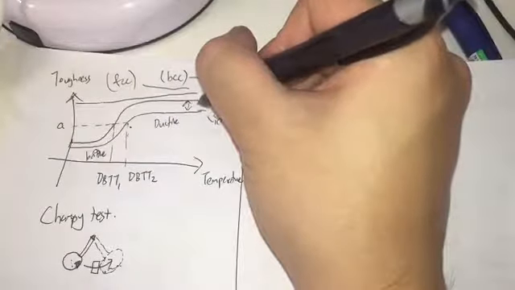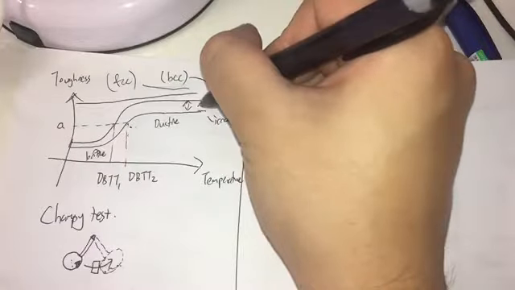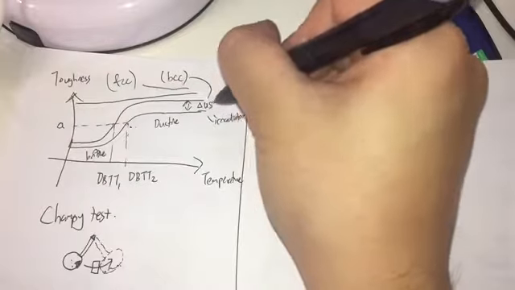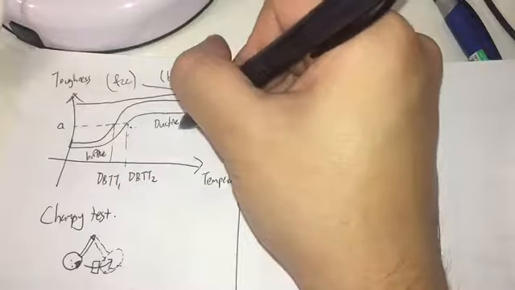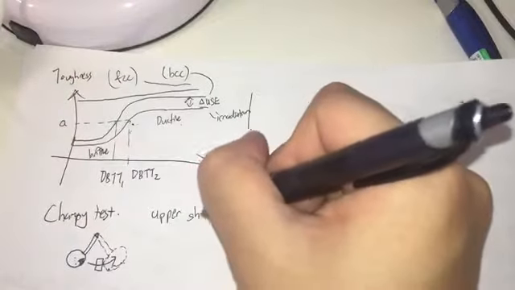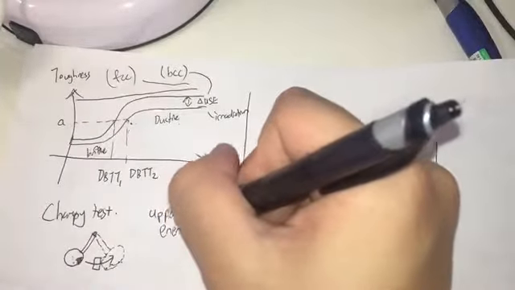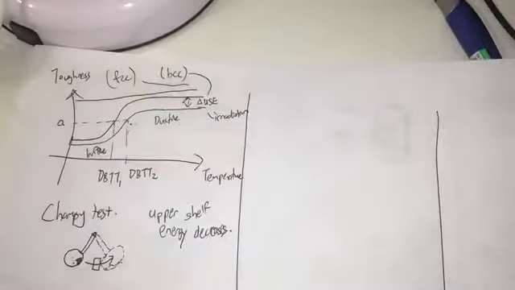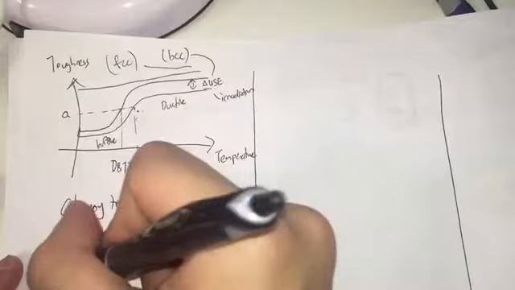This is called the decrease in upper shelf energy, USE. So upper shelf energy decreases. For typical ferritic steel, this is alpha iron or BCC.